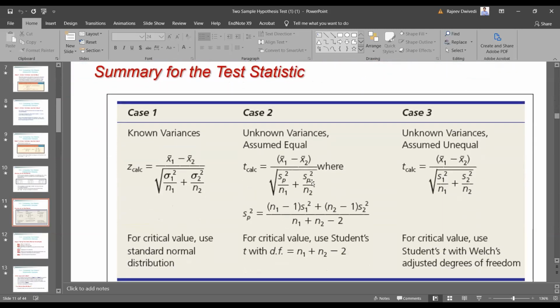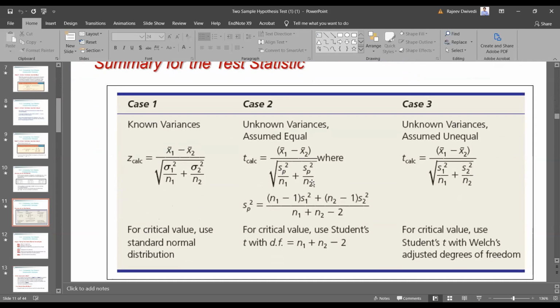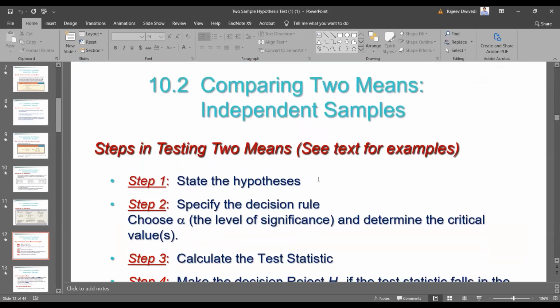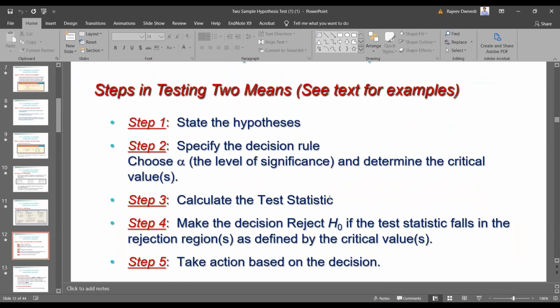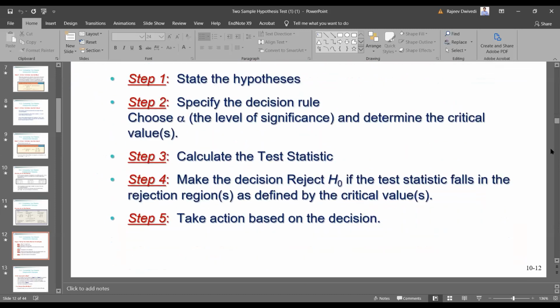The formula will be different in all cases: known variance, unknown variance assume equal, and unknown variance assume unequal. So these are the three cases that we are going to deal with. State the hypothesis, specify the decision rule, calculate the test statistic, make the decision, and take the action. Basically, exactly those steps I just explained.